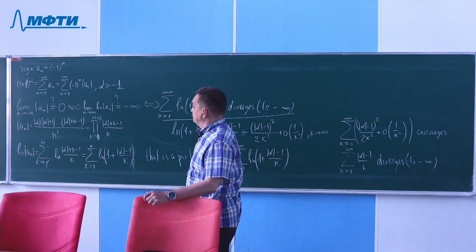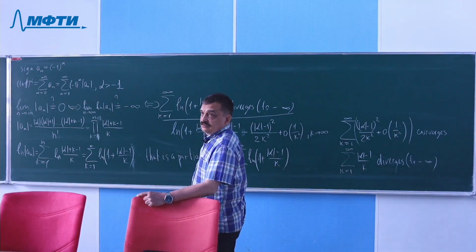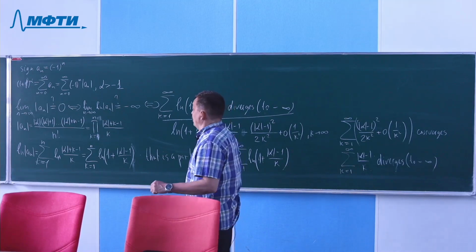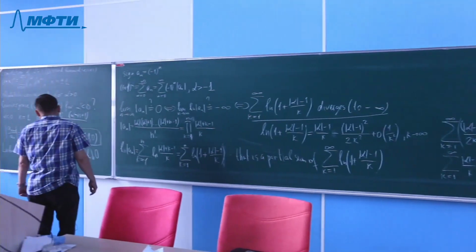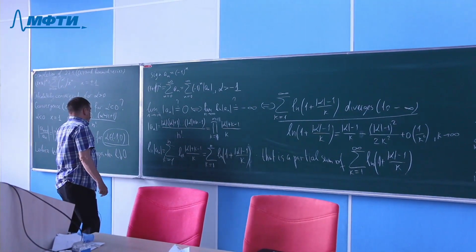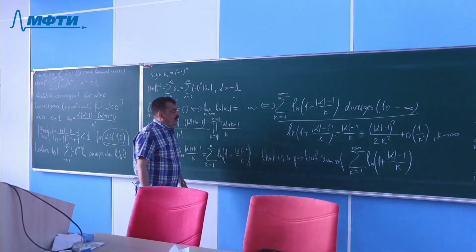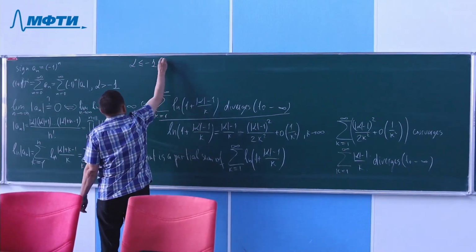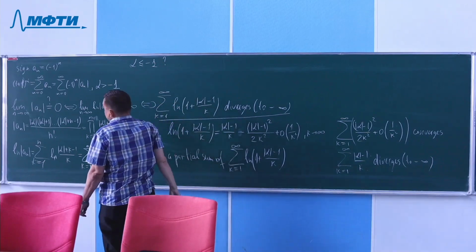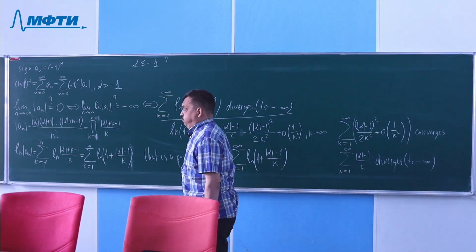Now, it turns out that it is valid for alpha greater than minus 1. So, last question, what happens for alpha less or equal to minus 1?